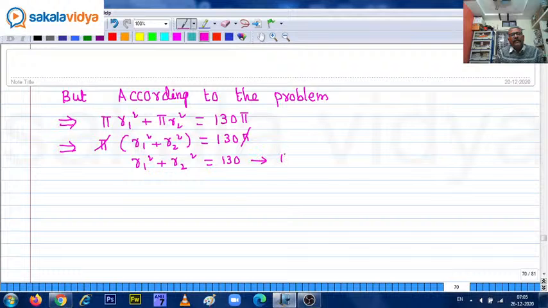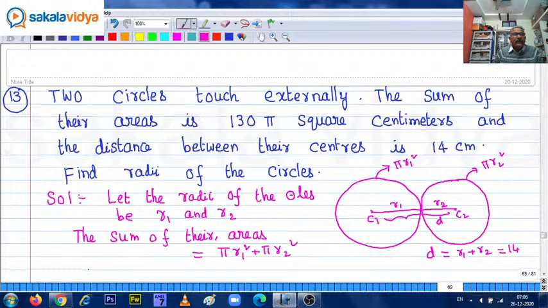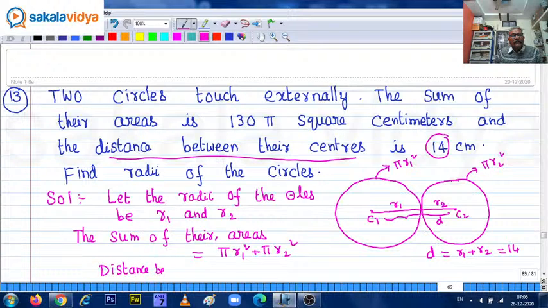Say equation 1. And next, what is given actually here? Distance between their centers is given, that is 14 centimeters. Distance between their centers equal to 14 centimeters.